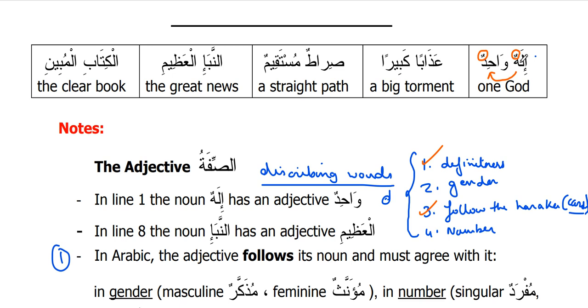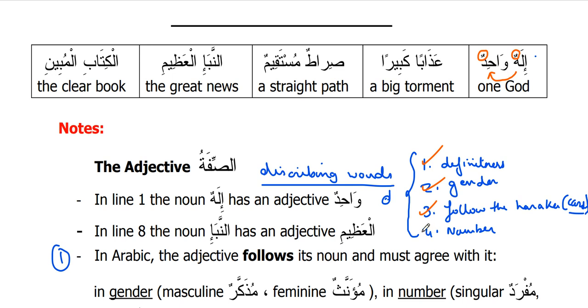Then what we have, this is a male noun. This is also a male noun. Both of them do not have a ta marbuta. Okay, gender is the same. And number. Number means ilah means one god, so it's a singular noun. So wahid is also a singular noun. As you can see, wahid means one.